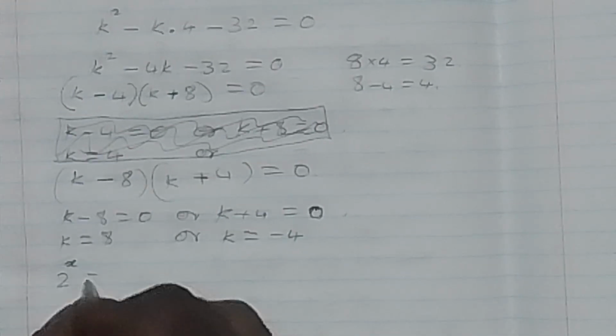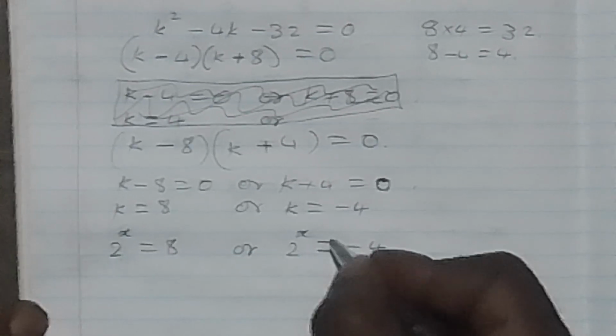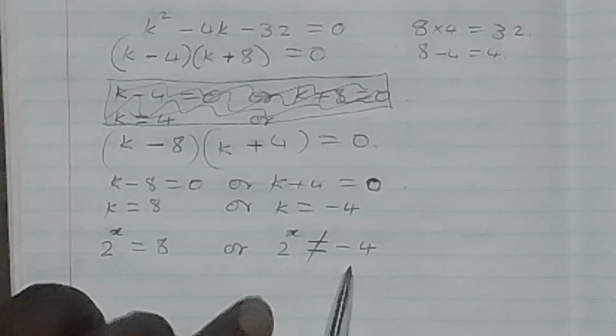So instead of k, we introduce 2 to the power x. 2 to the power x is equal to 8, or 2 to the power x is equal to minus 4. Here, just disregard this, because you cannot equate a positive base to a negative value. So here you continue with this one.